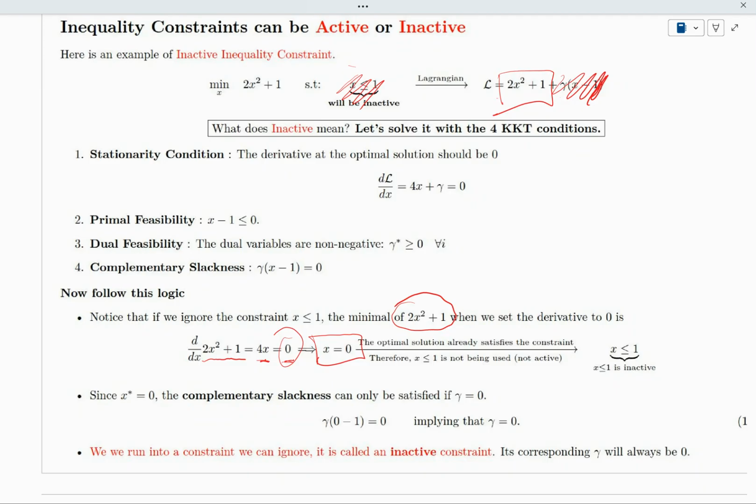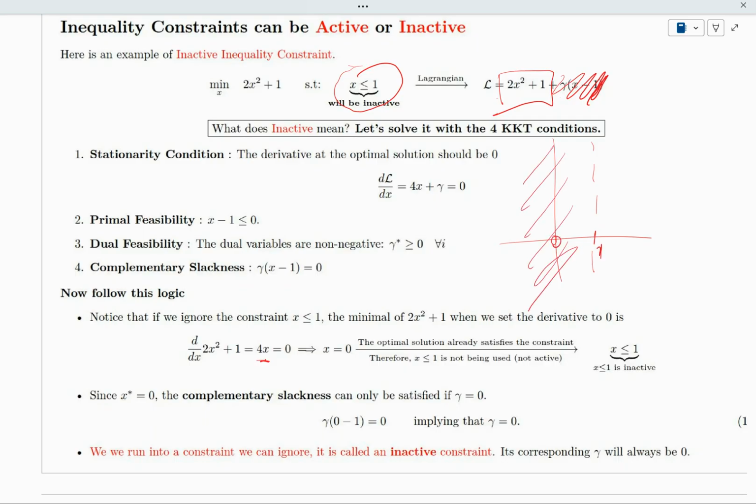And guess what the constraint says? The constraint says that x has to be less than 1. But the solution is already less than 1. This implies that this constraint is not being used. Hence, inactive.